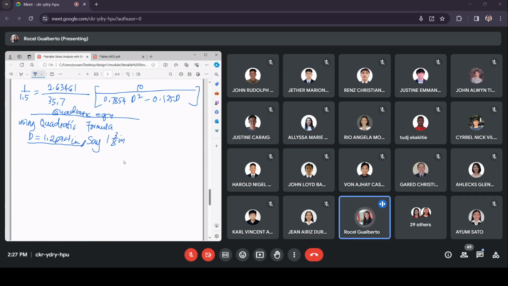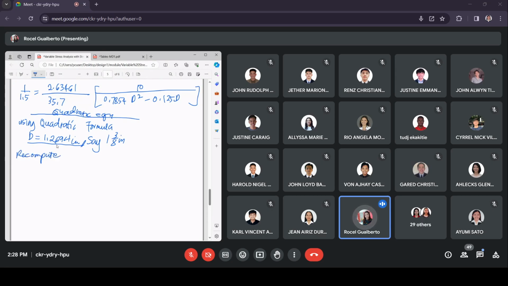Looking at the standard sizes, they are different, therefore this is not yet your final answer. This is not yet correct. The assumption and your answer should be of the same standard size, so you need to recompute.